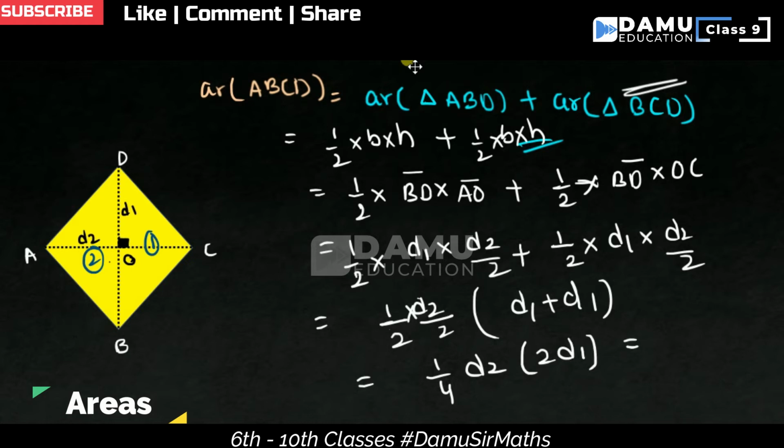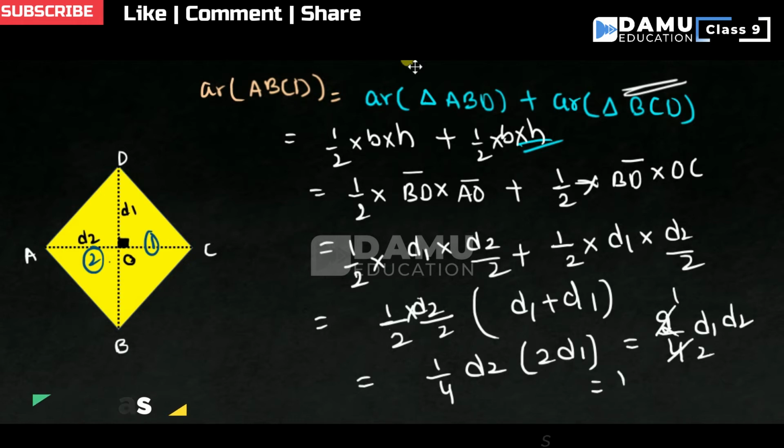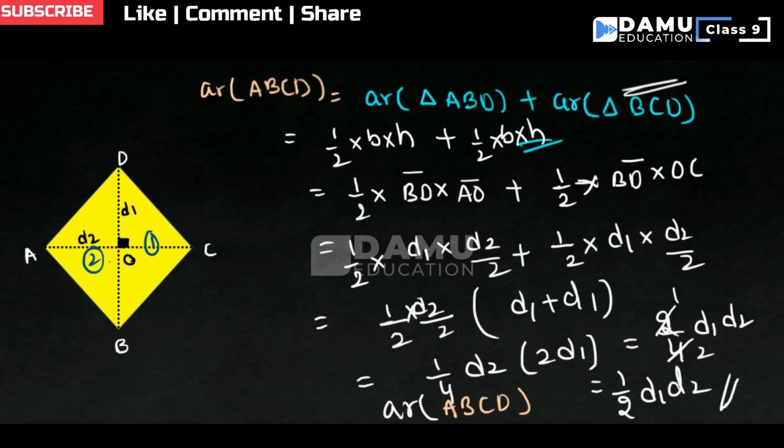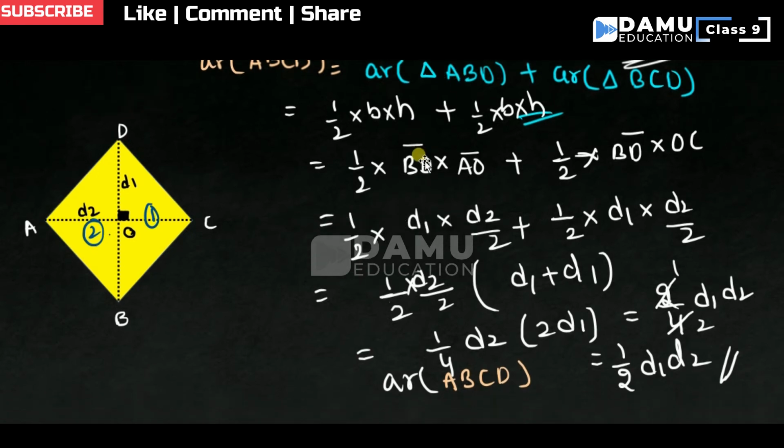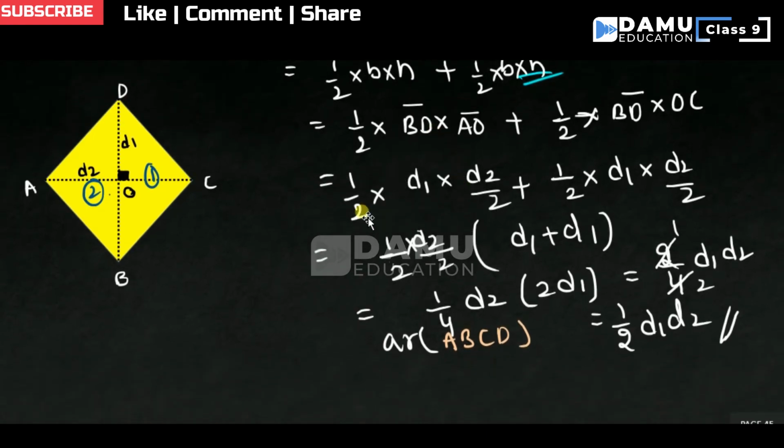The 2 ones are 2 and 2 twos are 4, so that is half D1 D2. So this is the area of the rhombus ABCD: half into D1 into D2.